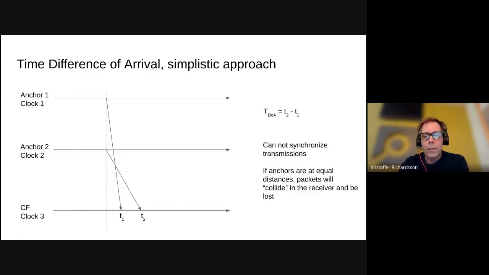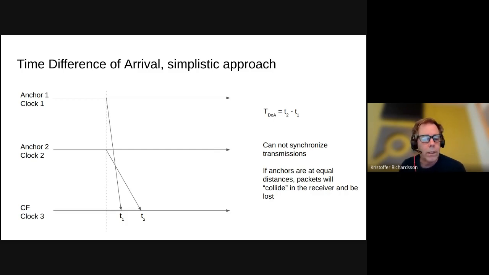So let's look at how TDOA works. Like I said, we need a pair of anchors. So we have anchor 1 and anchor 2, and we have a Crazyflie. The most simplistic approach would be to let the two anchors transmit at the same time, as shown in this diagram. Then the packets arrive at the Crazyflie some time later, depending on how far away they are from the anchor.